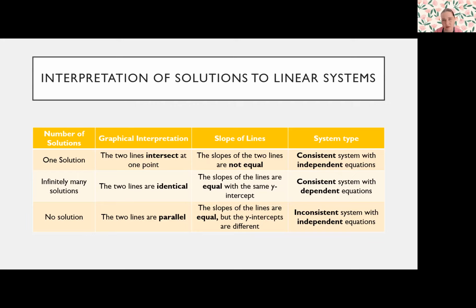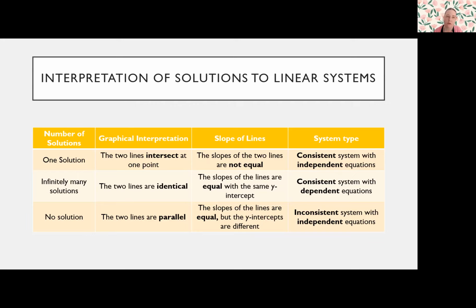They're the same equations. And then the last possibility is that there's no solution at all. And this is when the lines are parallel. And parallel lines don't intersect, so they're never going to cross. And as we learned earlier, parallel lines have the same slope, but their y-intercepts are different. So the difference between having infinitely many solutions and no solution is whether they have the same y-intercept, because they're both going to have the same slope.